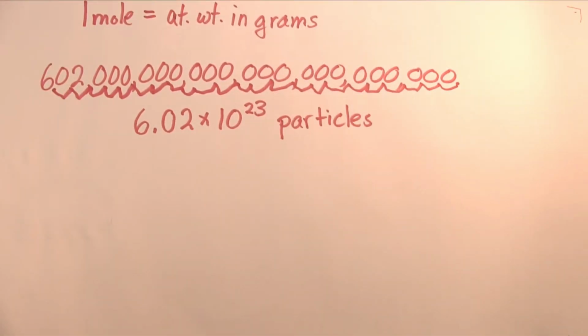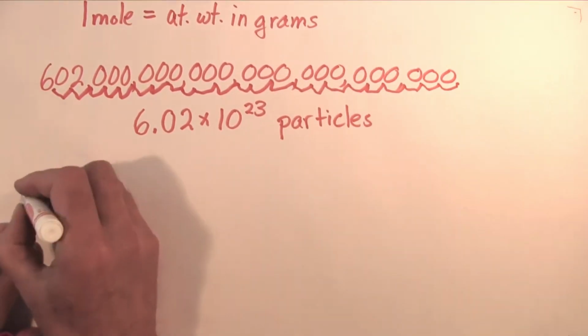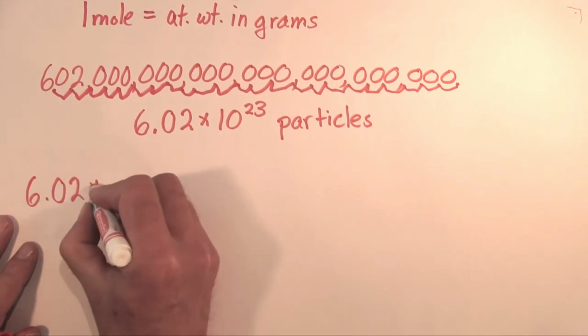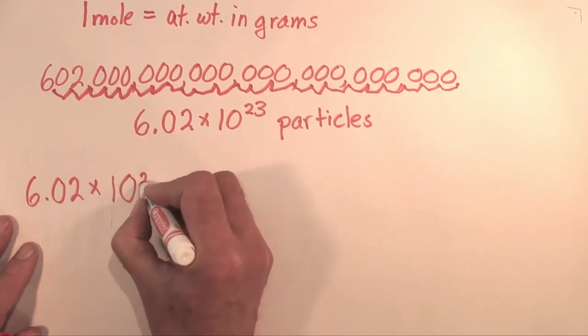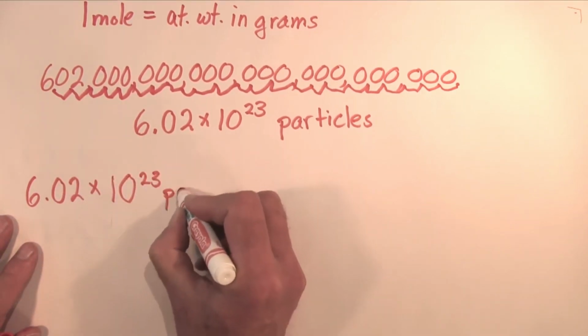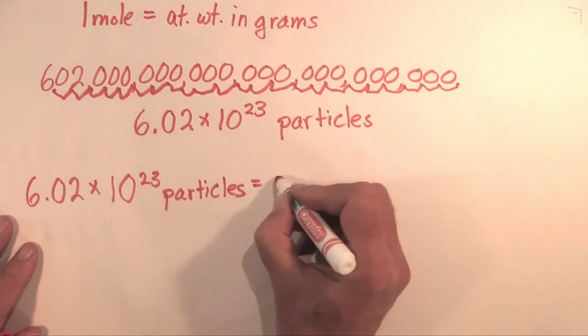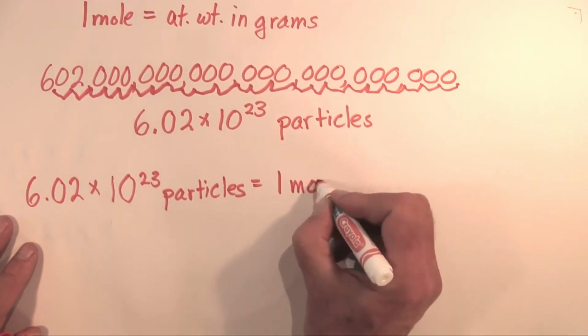So now we have a new part to this equation. We have 6.02 times 10 to the 23rd particles equals 1 mole.